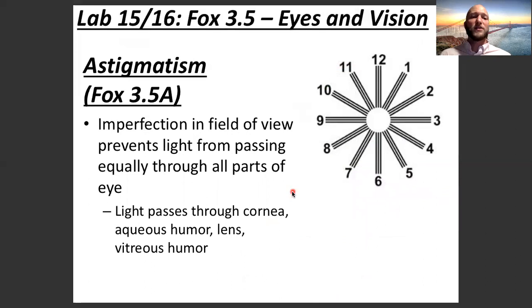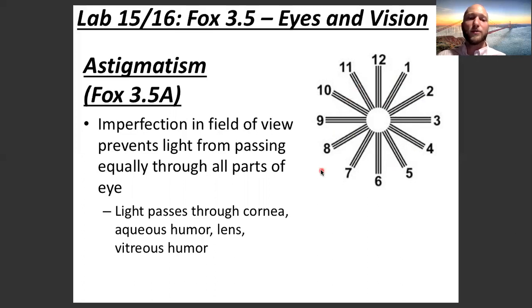Astigmatism is an imperfection in the field of view which prevents light from passing equally through all parts of the eye. You look at this wheel right here, and you'll see differences among the length, the width, the darkness of some of the lines around it.